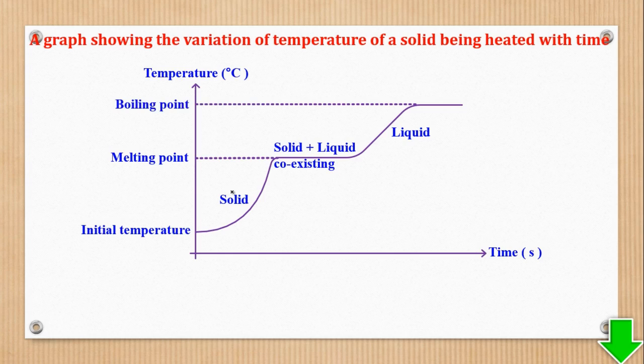Here at first it was solid, and this is the initial temperature, but when it reaches the melting point, it changes to liquid. So at this point, there is solid plus liquid coexisting. Here it is changing, that is why temperature is constant.